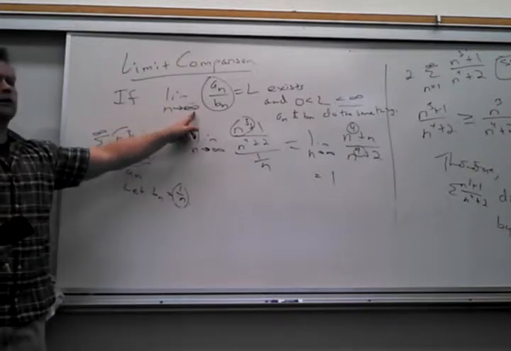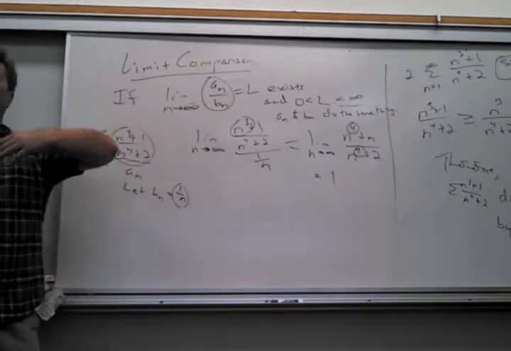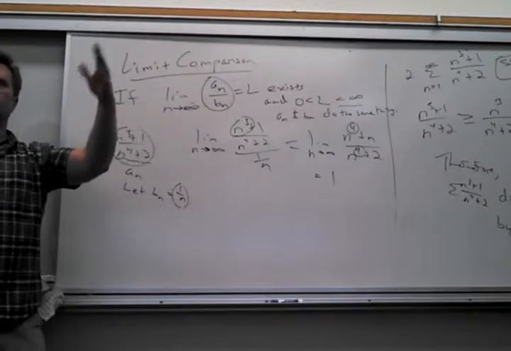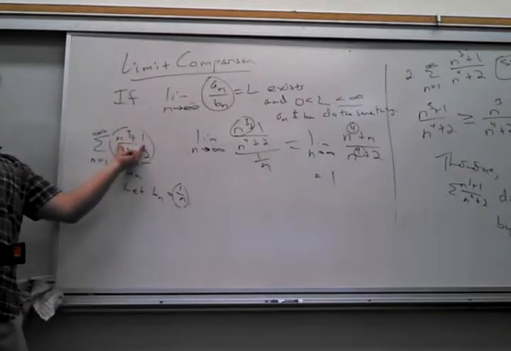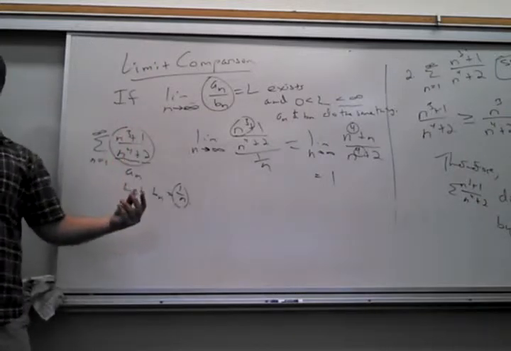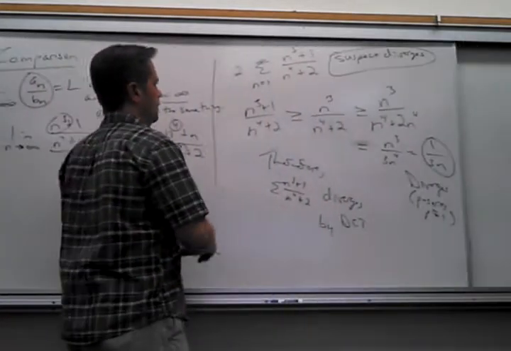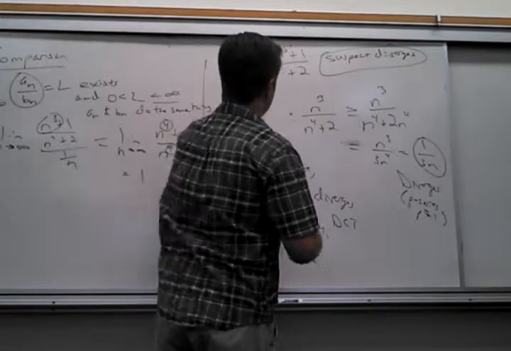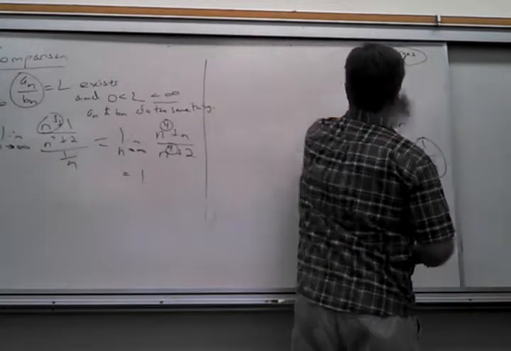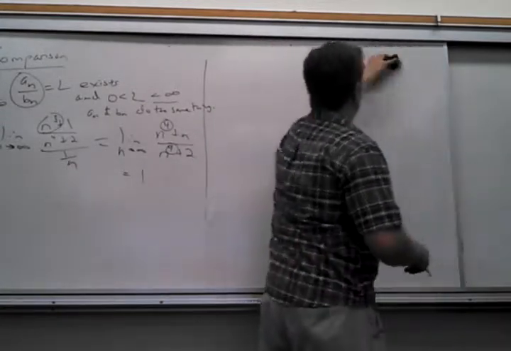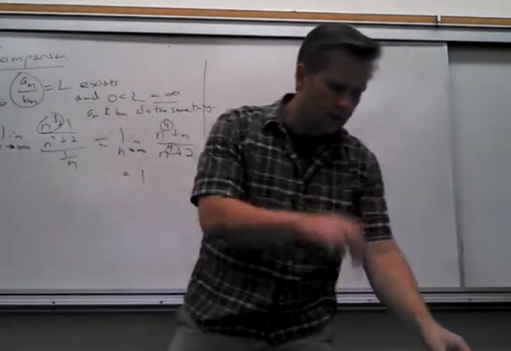This limit comparison test works on all kinds of sequences and series. It doesn't have to be ratios of polynomials, right? So I have a geometric series down there. I like this one. This is a good example.